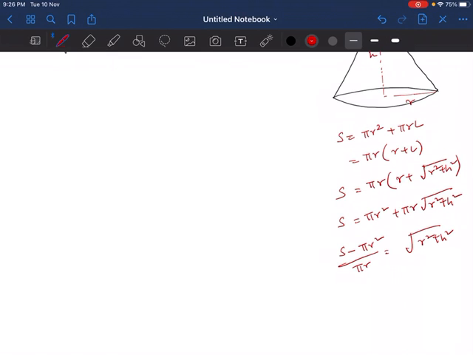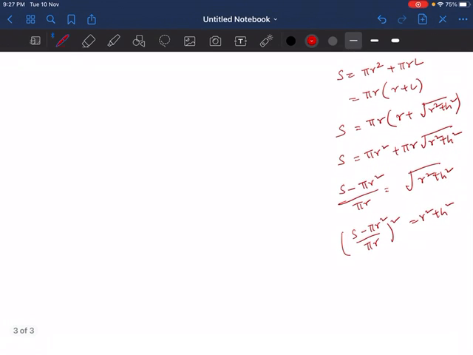Now if I square both sides, we have S minus pi r square by pi r, whole square, equal to r square plus h square. Then h square will be S minus pi r square by pi r whole square minus r square. This is what we get.